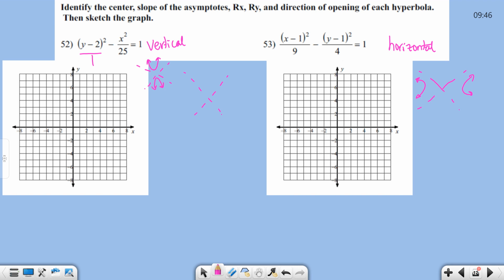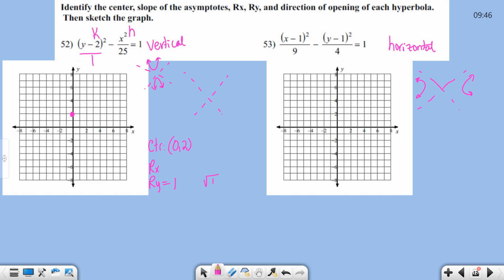Okay, let's do 52. So when we get our center, remember, opposite of h, opposite of k. Get those in the right order. We'll put them backwards as multiple choice because it's a silly mistake. So our center for this one is 0, 2. Be careful of that. There we go. From there, I need to look at the rx and the ry values.